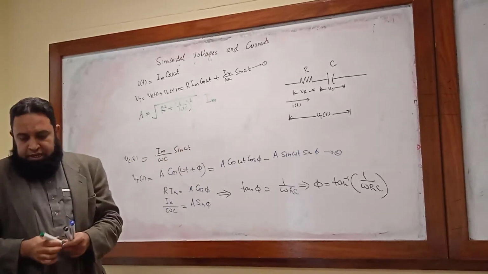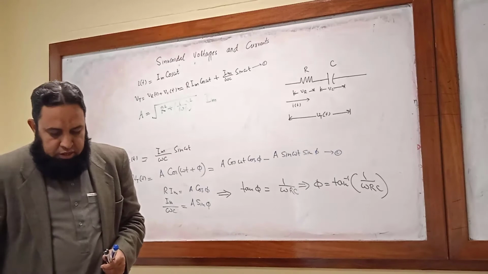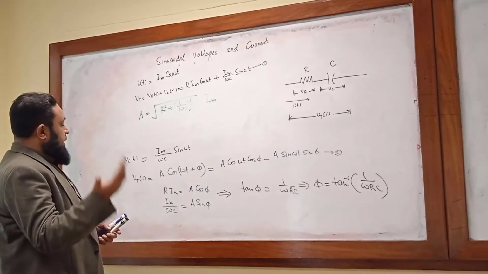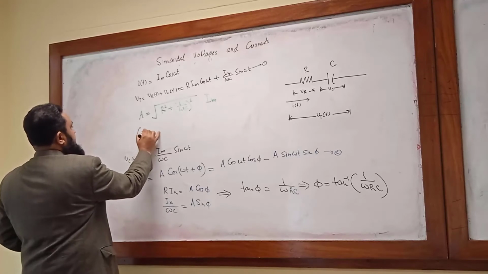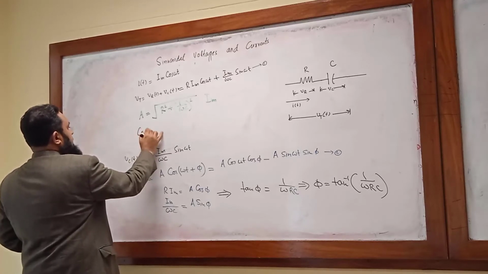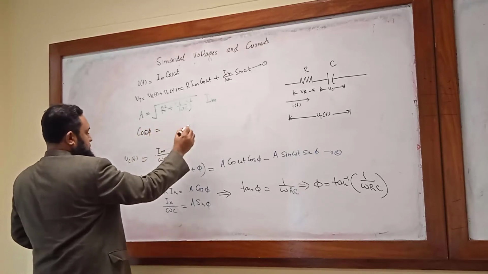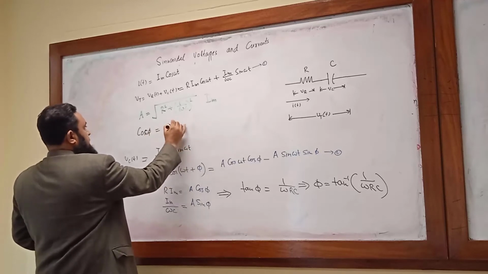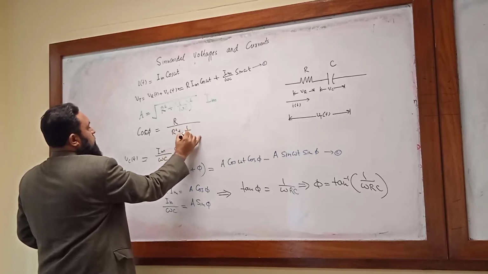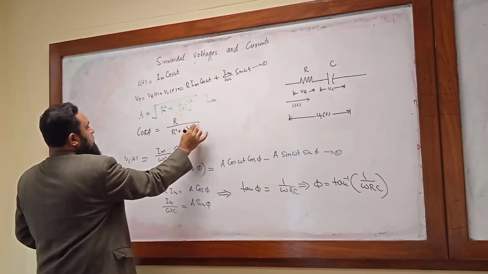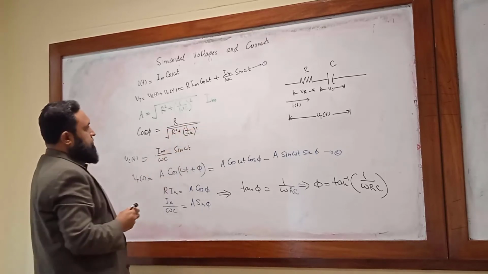So Im is just taken out of the square root, and cosine of phi is equal to R divided by the square root of R squared plus (1 over omega C) squared.